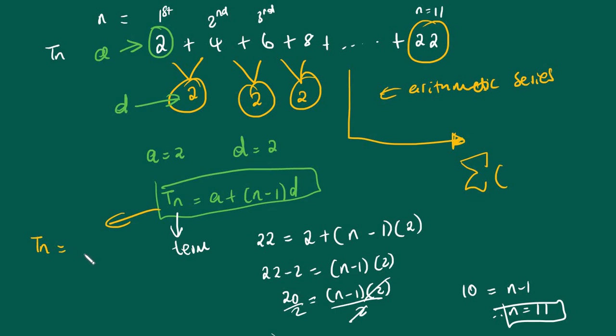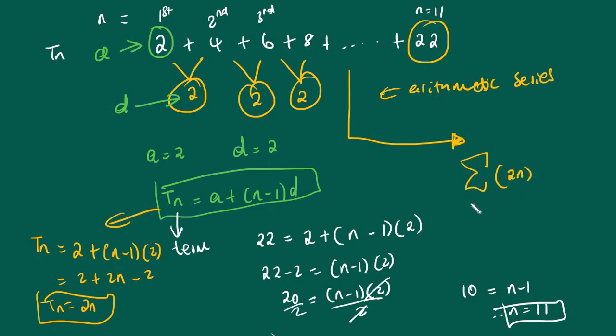So Tn is 2 plus (n minus 1)d. So you're going to have 2 plus 2n minus 2. That means the rule is Tn equals 2n, right? So it means inside here you write 2n. Then you start from 1 until the position 11. Then you have written that in sigma notation.